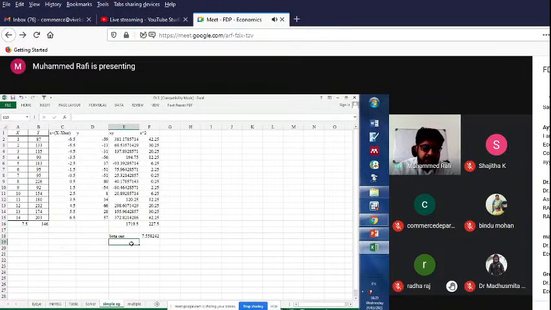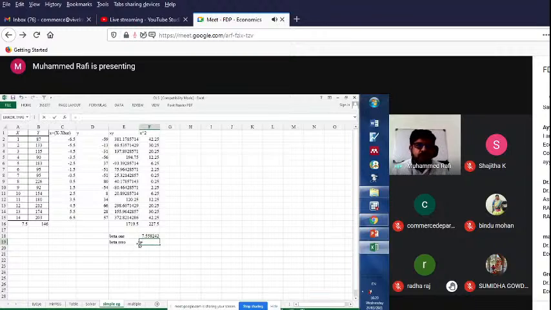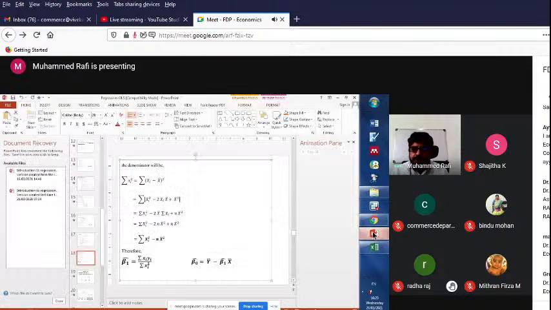So you get beta 0, which is equal to y bar minus beta 1 multiplied by x bar. Right, that's the equation. So the equation says y bar minus beta 1 cap x bar.